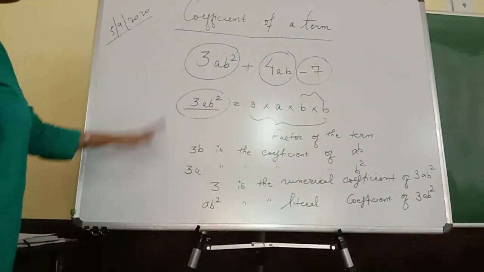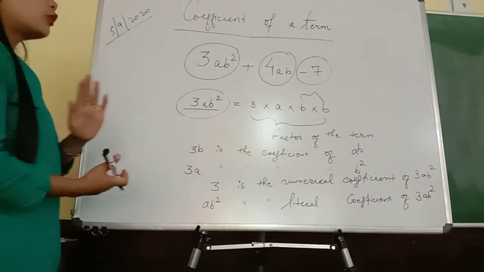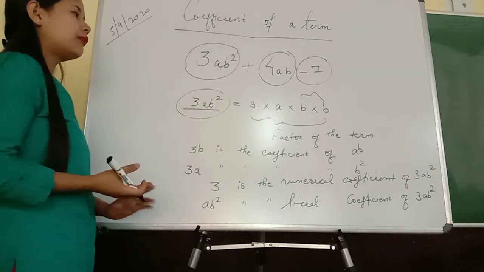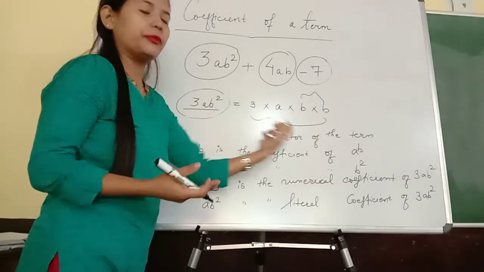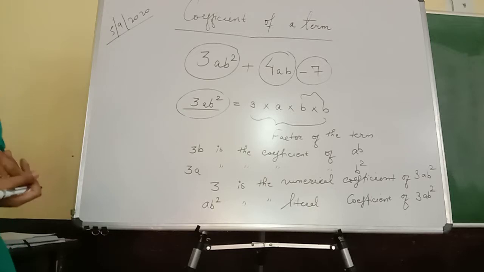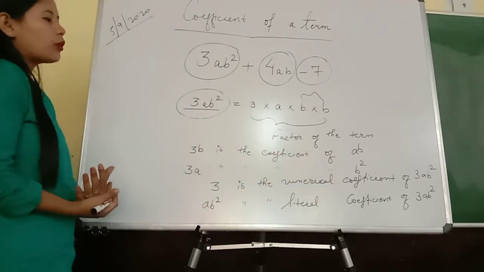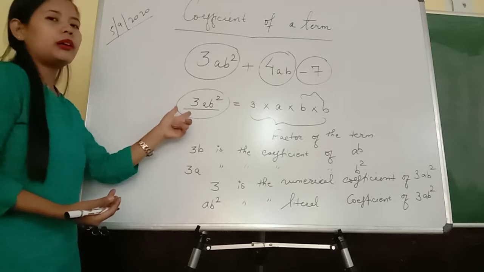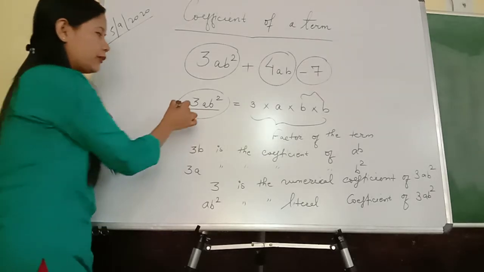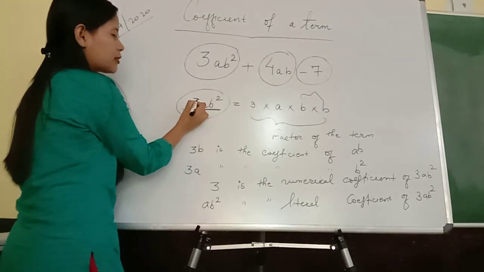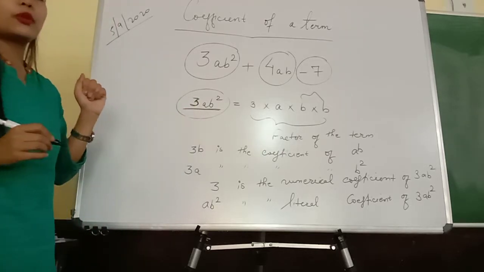Children, to understand what is the coefficient, you need to have the knowledge of what are the factors of the term. We even learned what is a numerical coefficient. Numerical coefficient is the number that is present in the given term. The number present here is 3, so 3 is the numerical coefficient.